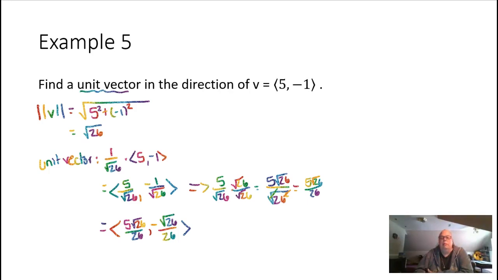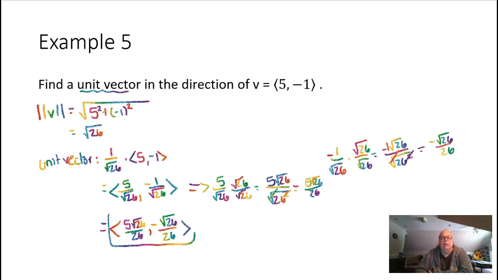We took negative 1 over the square root of 26. We want to get that radical out of the denominator, so we multiply by the square root of 26, top and bottom. This is going to give me negative 1 times the square root of 26 over the square root of 26 squared. But remember, they're going to cancel out, so we're going to be left with negative square root of 26 over 26, or negative 1 times that, either one. But in any case, here is our unit vector.